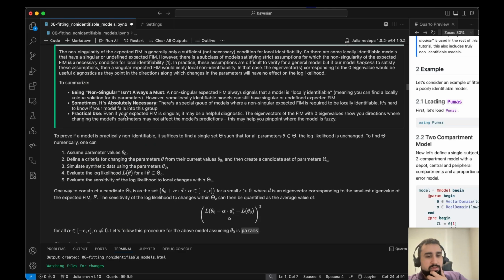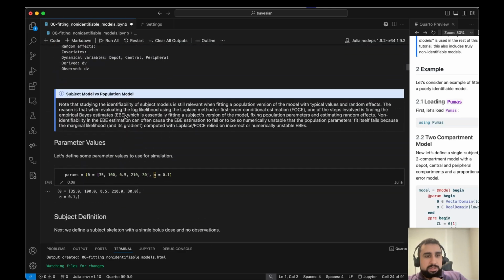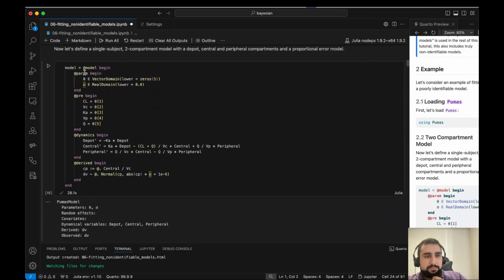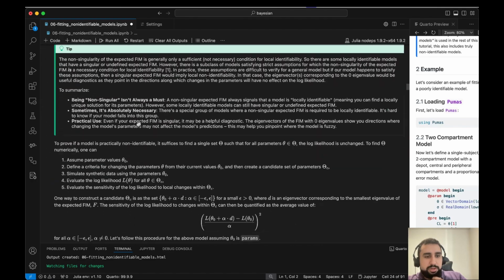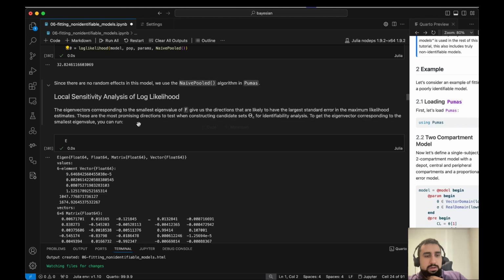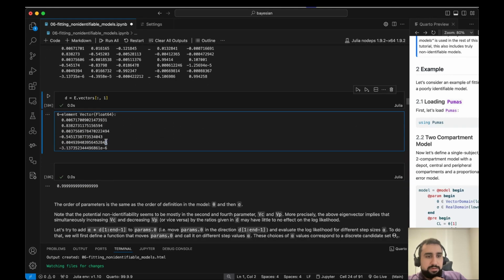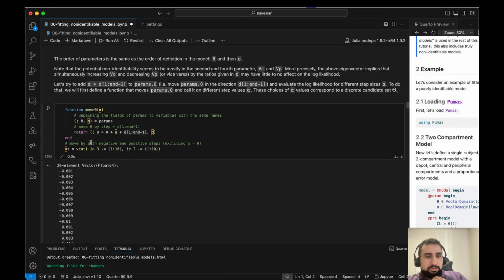So if we go back to the model, you'll see that we have theta first, which is 5 values, and then sigma, which is 1 value. And so this same order is what we should be interpreting this D vector as. And so we're adding the first 5 numbers here to theta, and then the last number is close to 0, so we're just ignoring it. So that's what this function does.